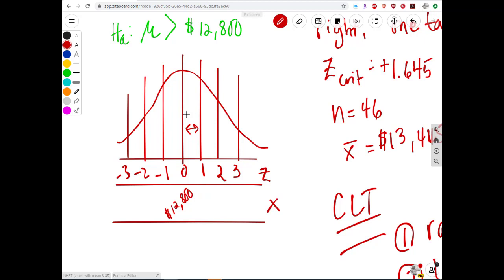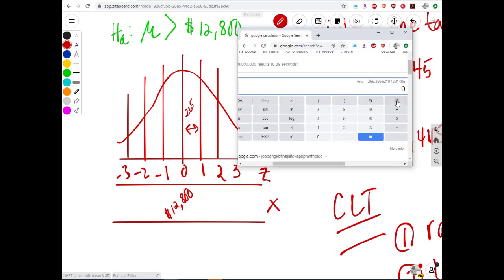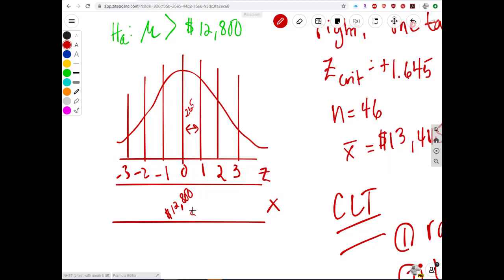Okay, so I'm just going to round this to 265 to make this a little bit easier. Okay, so I've got 12,800 plus 265 equals 13,065. And now I'm going to add it again.